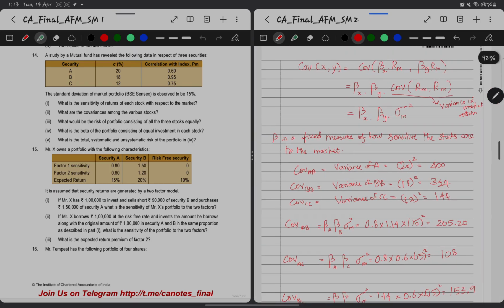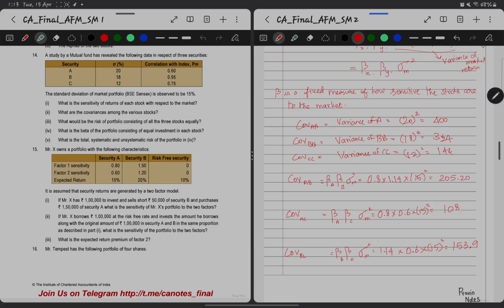Now substituting in this, we will get the covariances between the stocks. Now the covariance of a stock with itself will be the variance of that respective stock. So the covariance of A with A will be the variance of A, and since standard deviation square gives us the variance, we get 400 for A with A, 324 for B with B and 144 for C with C. Now the covariance of AB is nothing but beta of A multiplied by beta of B multiplied by the market's variance.